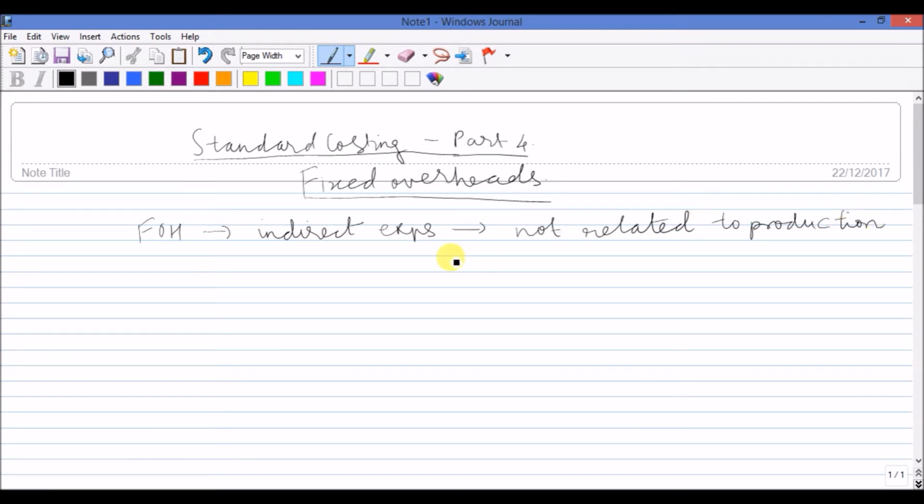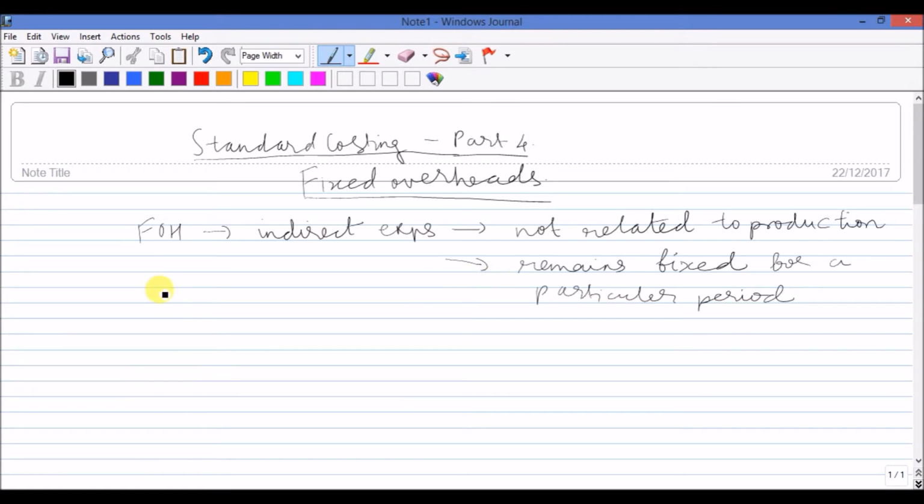And the second important thing about it, it remains fixed for a particular period. So fixed overhead is not related to production, it remains fixed for a particular period.